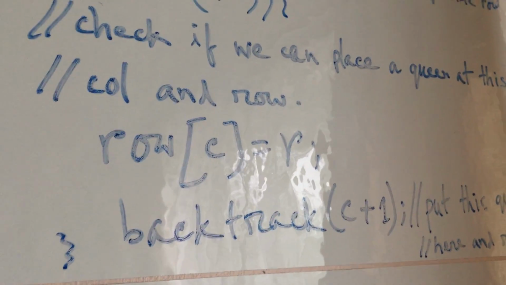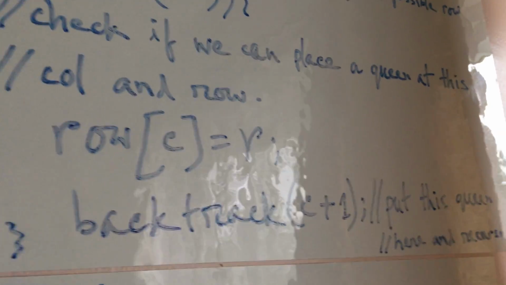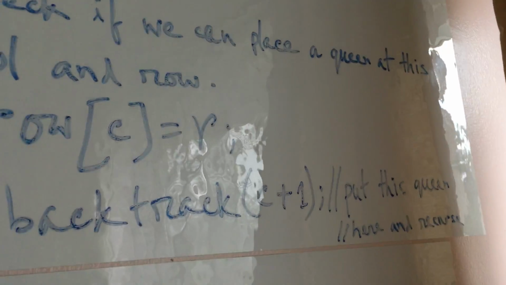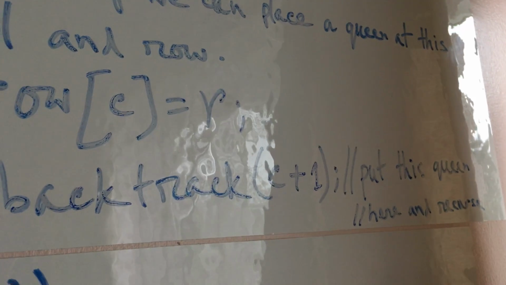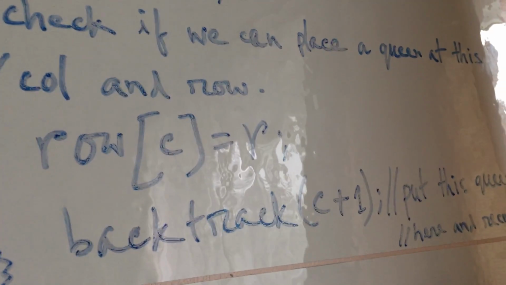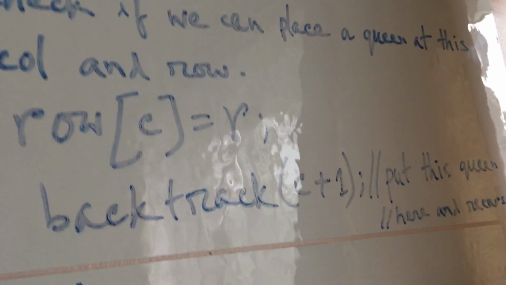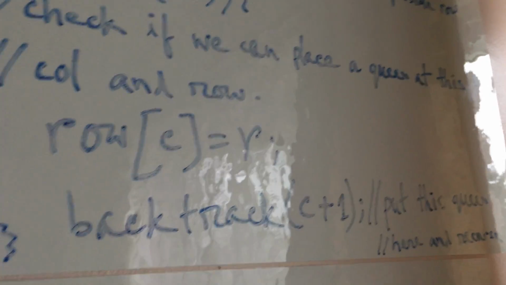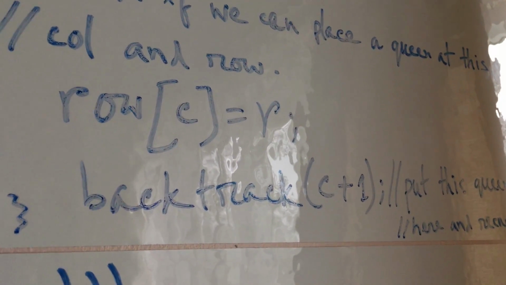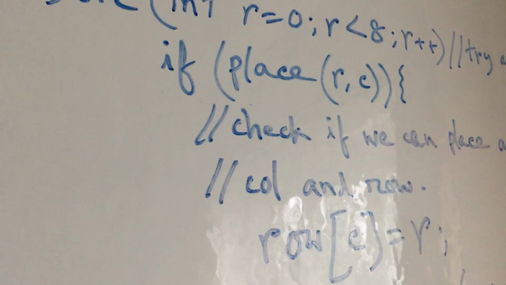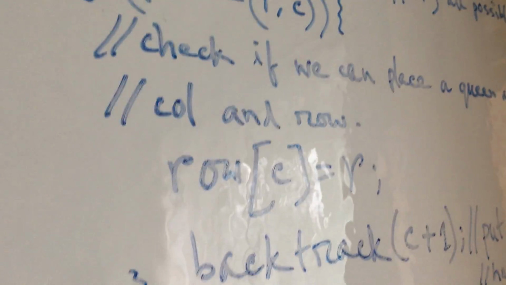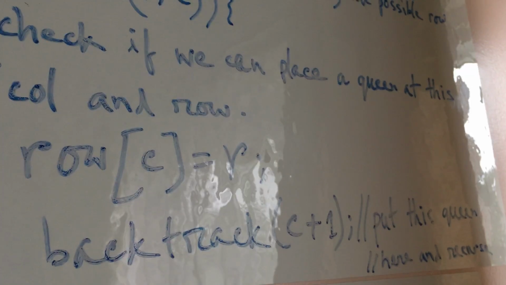Then we recursively call the function backtrack to check the next column. So we recursively check each column one by one.